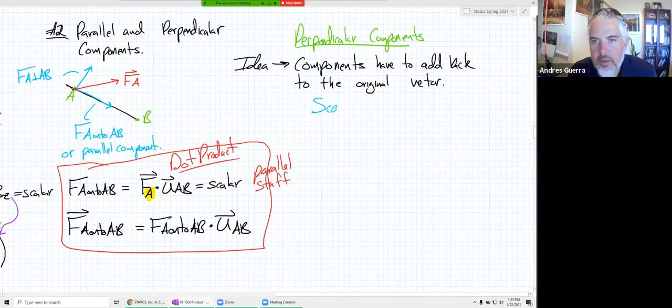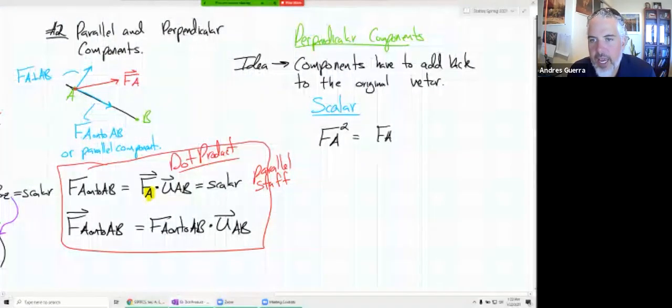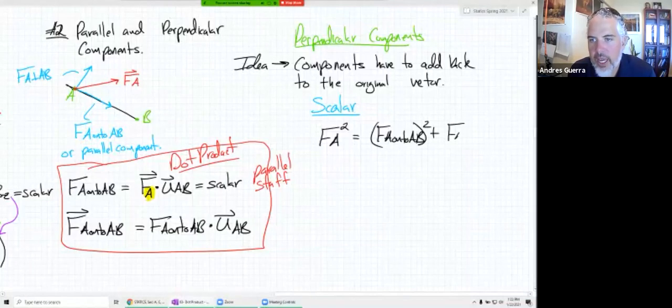So if I think about this in terms of a scalar approach, that means that we have our original vector, FA, and if we're breaking something up into components, the parallel and the perpendicular, well, we actually make a right triangle. So FA squared is going to have to be equal to FA onto AB, and these are all magnitudes squared, plus FA perpendicular to AB squared. And then we can just solve this.